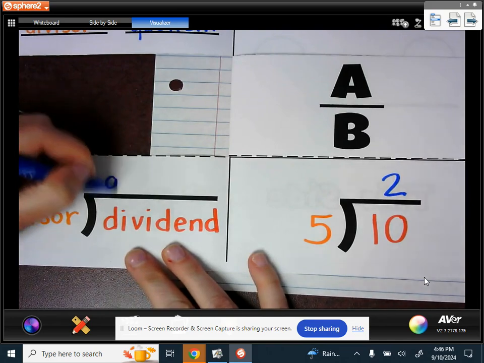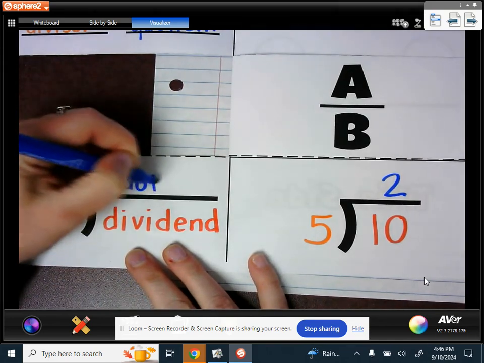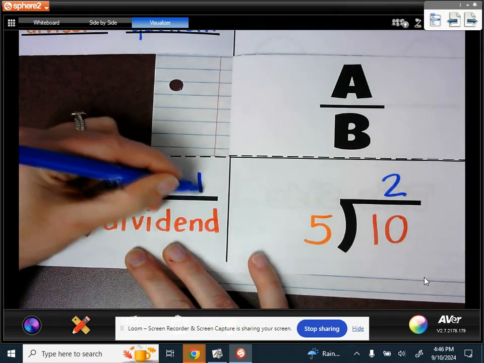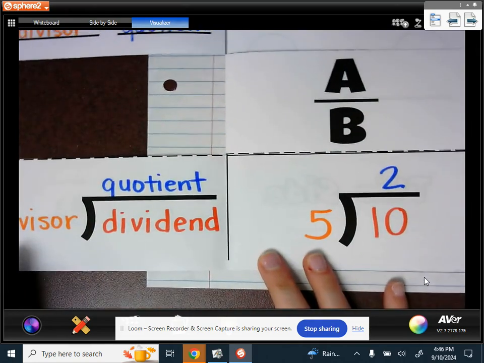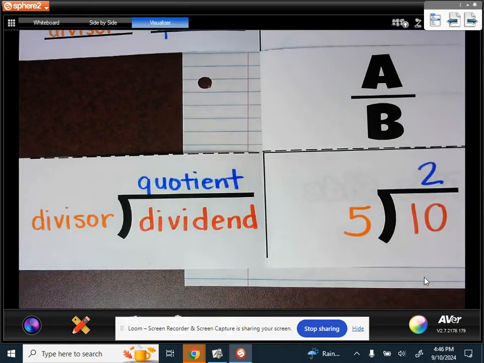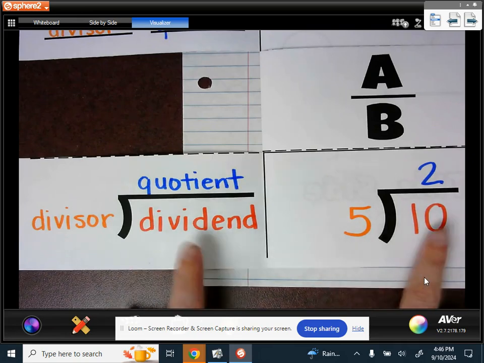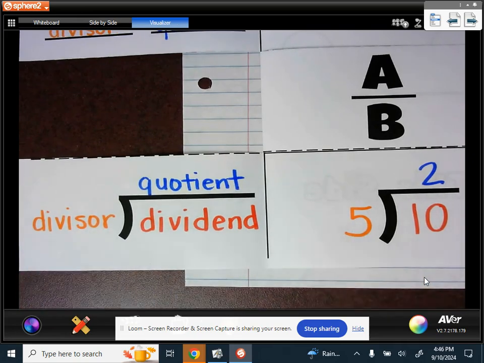And again, our quotient goes on top. Don't forget, you can always pause the video if you need to. So we have definitely talked about those two types of division a lot. So the first number goes on the inside, the second number stays out.